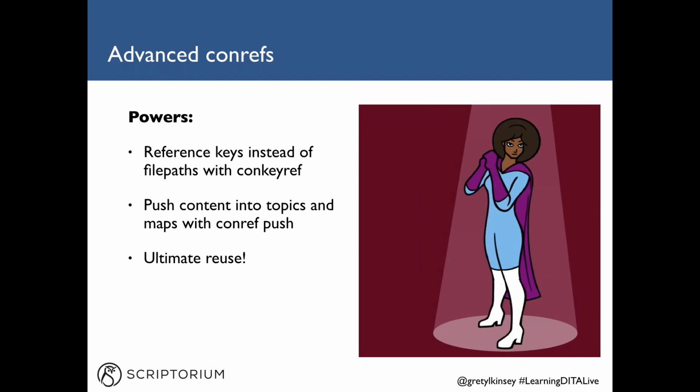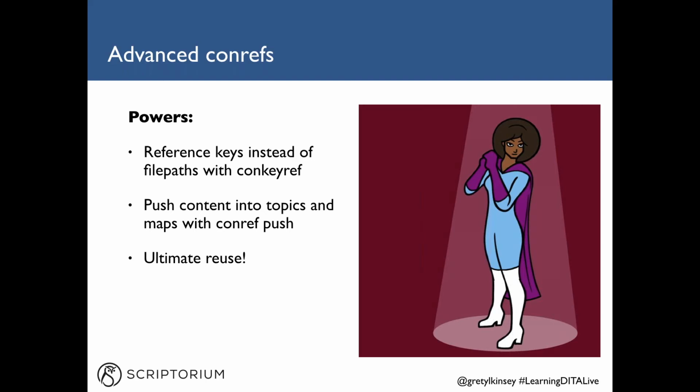So we're going to talk about a couple of advanced conref techniques and what they can do. One of them is conkeyrefs, and that's a mechanism that lets you reference keys instead of file paths. Another one is conref push, and that is a mechanism that lets you push content into topics and maps rather than pulling it in by reference the way that you would do with an ordinary conref.